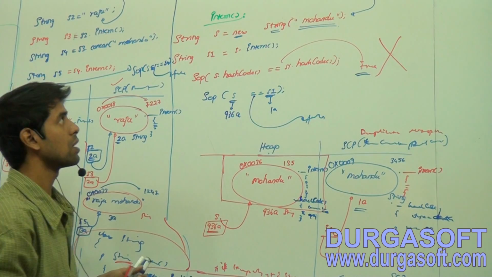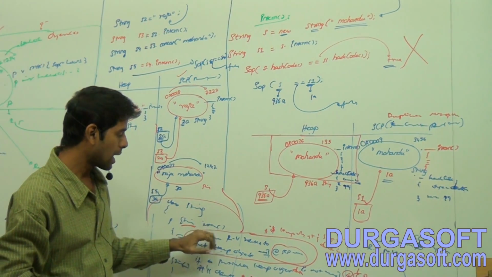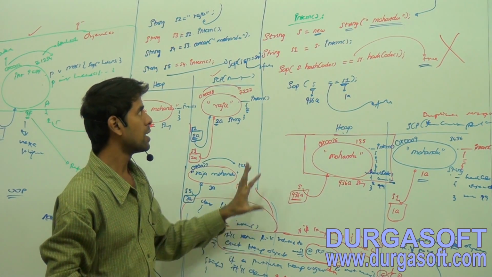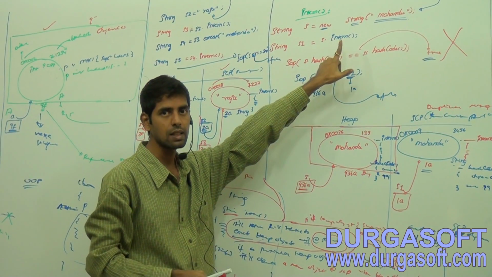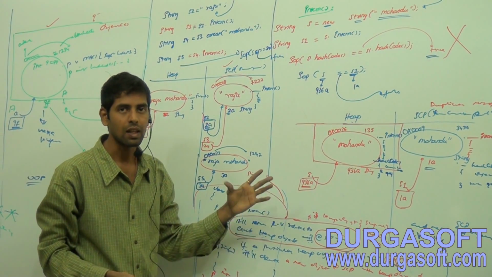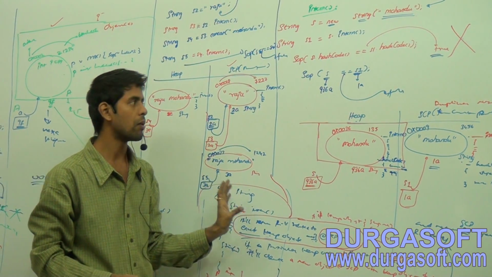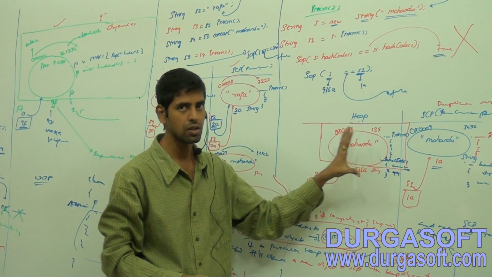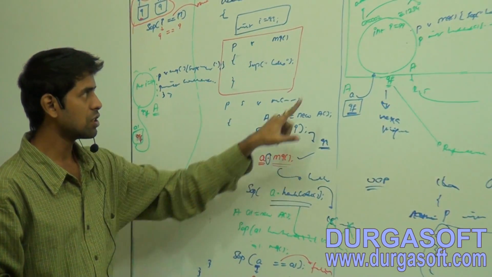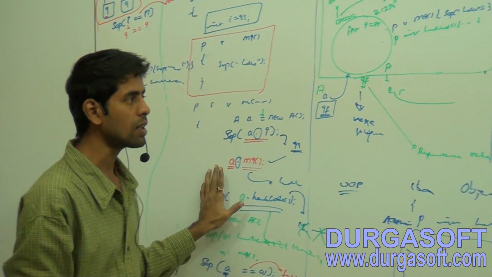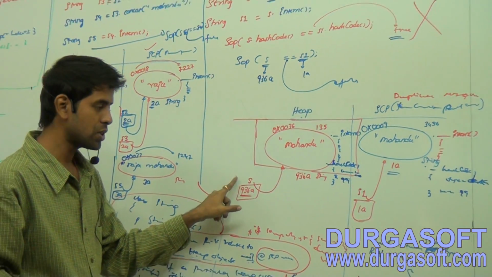Okay, now observe. One more thing, the string class has an intern method. Because of instance, that is object creation, all the instance methods implementation will be available with the object. This is the proof for that one. Now observe here. Now I am calling the intern method on the heap object.